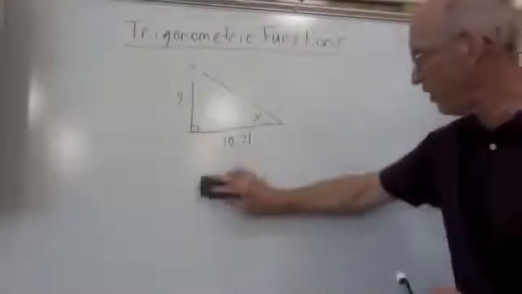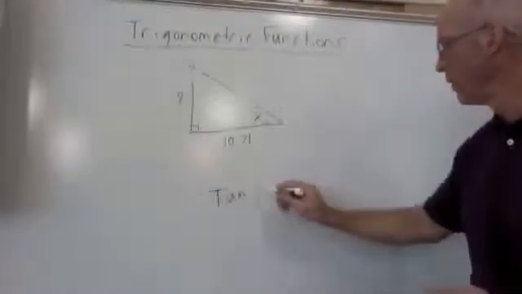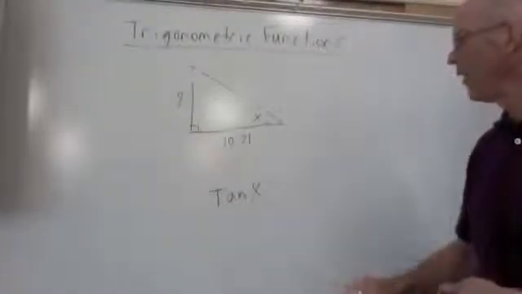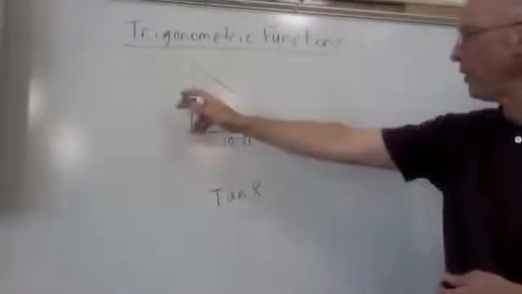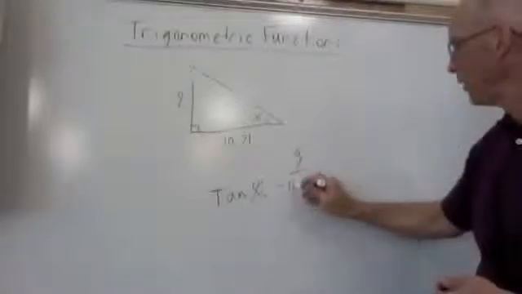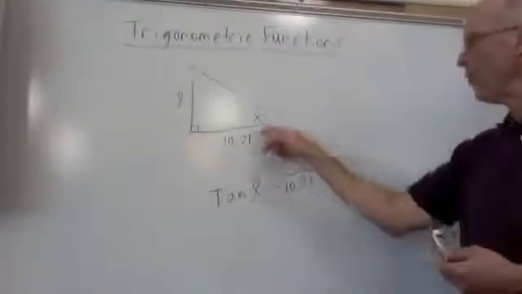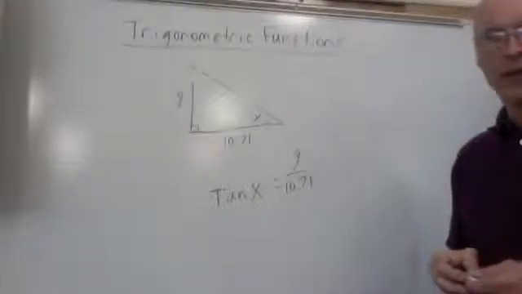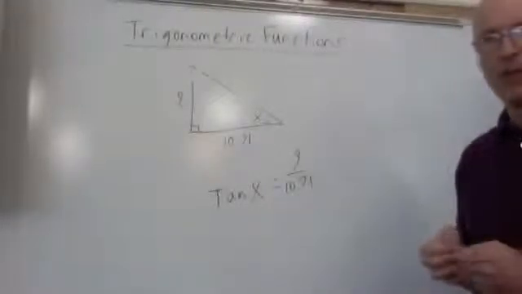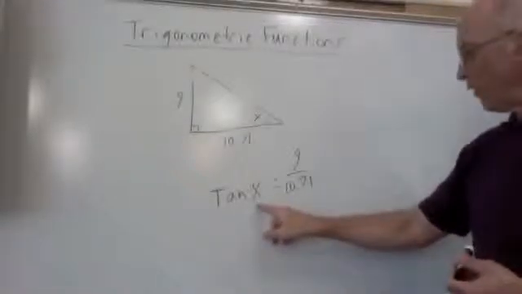It was tangent. The tangent of x, remember, is the opposite over the adjacent. 9 over 10.71. Well, we already know, since we just did this one, how many degrees it is. But let me show you how, if you didn't know, what you would do. This is now the unknown.